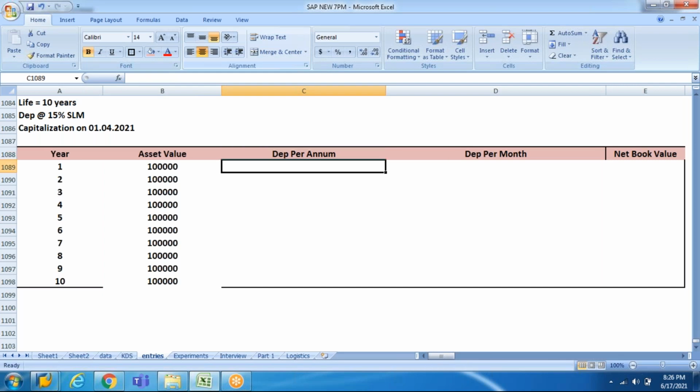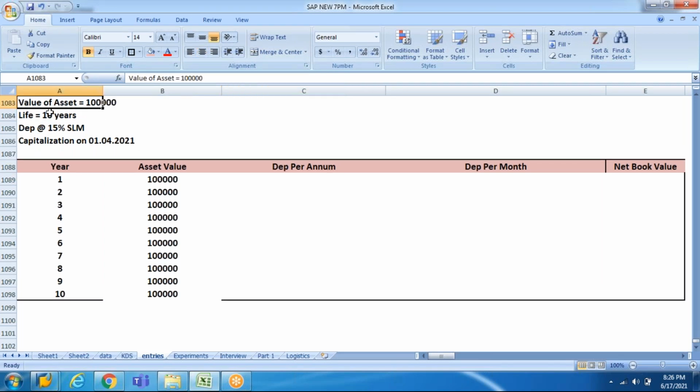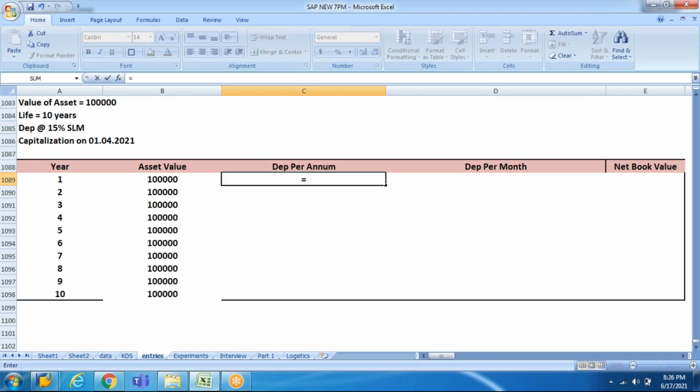Now, what will be the first year depreciation? Now you know it is 15% straight line method. So how do I calculate the value here? 1 lakh into 15%. Correct?